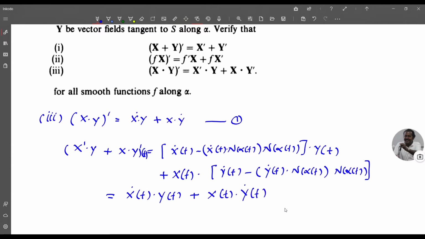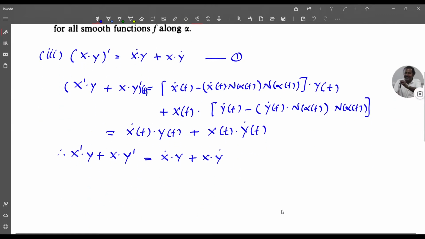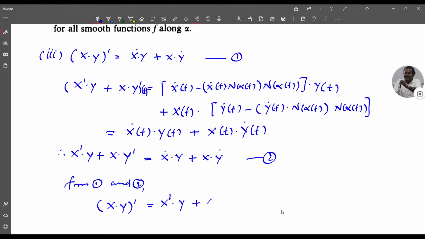Therefore x prime dot y plus x dot y prime is x dot y plus x dot y dot. So this is equation 2. So from 1 and 2, x dot y whole prime, derivative of x dot y, so it is a scalar function, it is equal to covariant derivative of x dot y plus x dot covariant derivative of y.